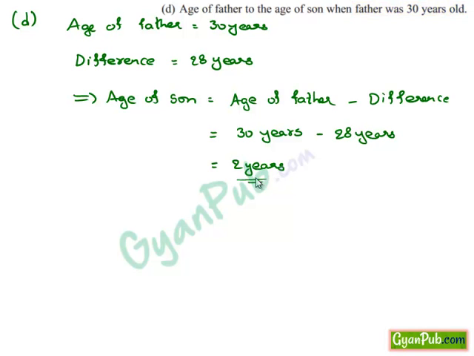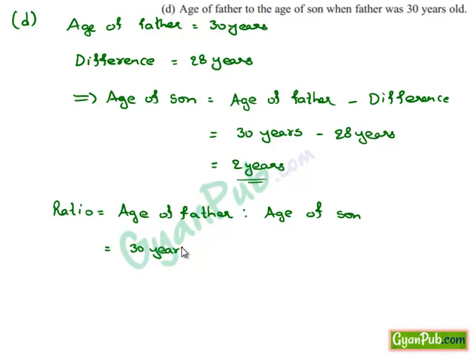Now we have to find the ratio between age of father to the age of son, which is equal to age of father 30 years and age of son 2 years as we got above, which gives 30 years upon 2 years.